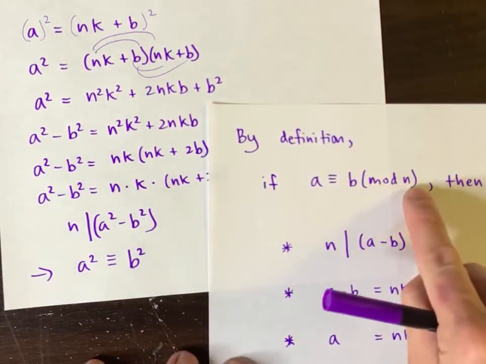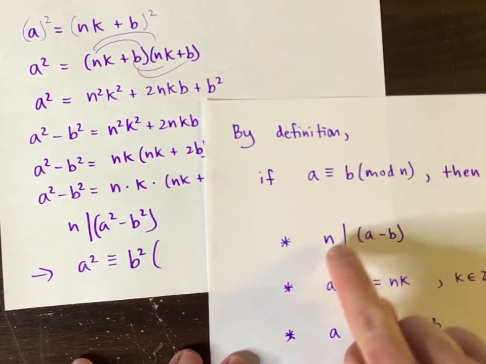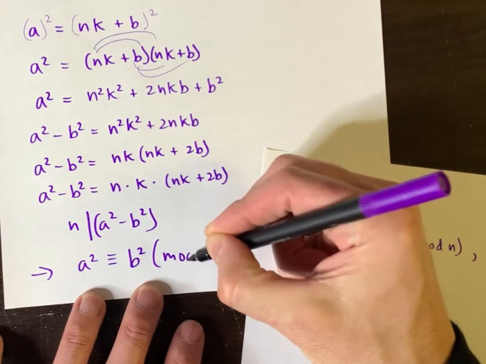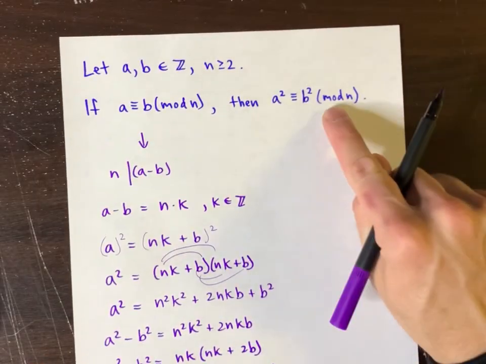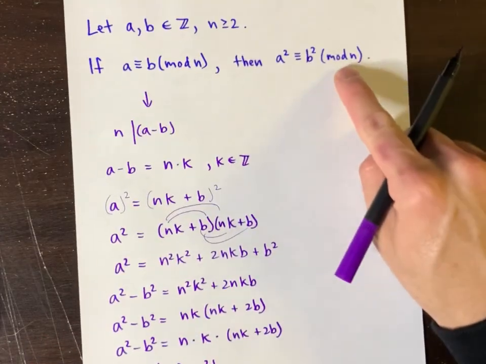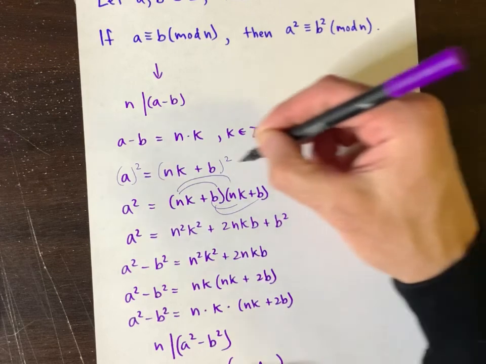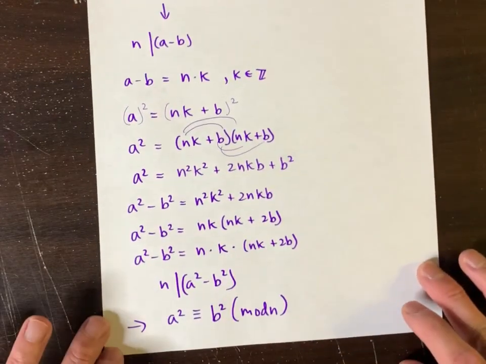And up next, I should have some parentheses. And inside the parentheses should be mod whatever this is. And that happens to be the same n. And if you look at what we were trying to show, perfect match. See that? So there should be some words in this proof, like you should add some English to make it a little smoother, but that's the general gist of it.